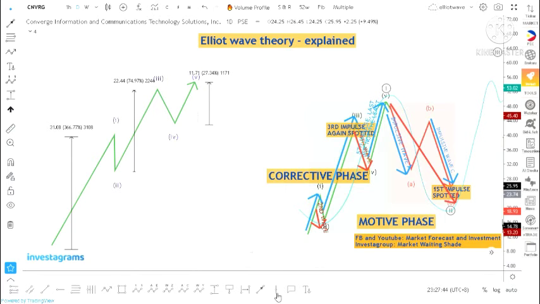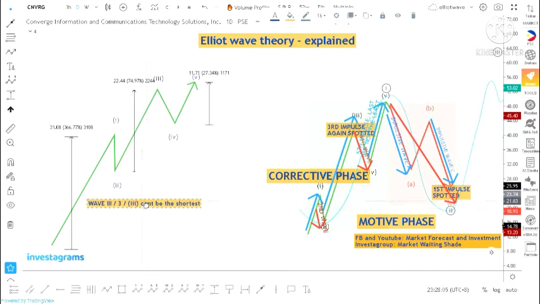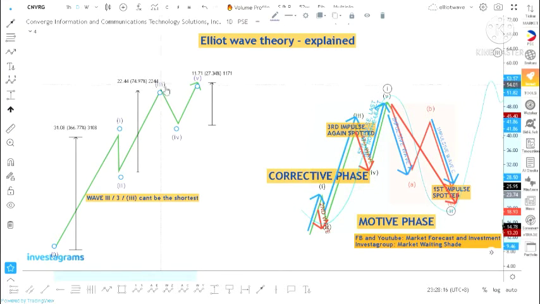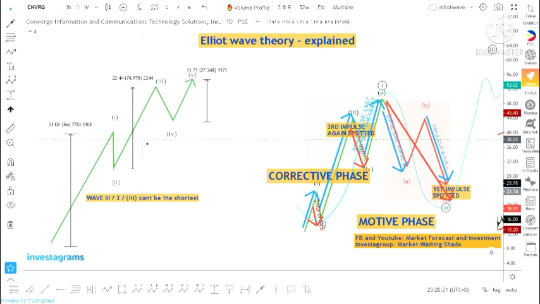But there's a but: our wave 3 cannot be the shortest. As we go along, we can assess our labeling, whether our guidelines are followed and our rules are strictly followed. So, enough of that.